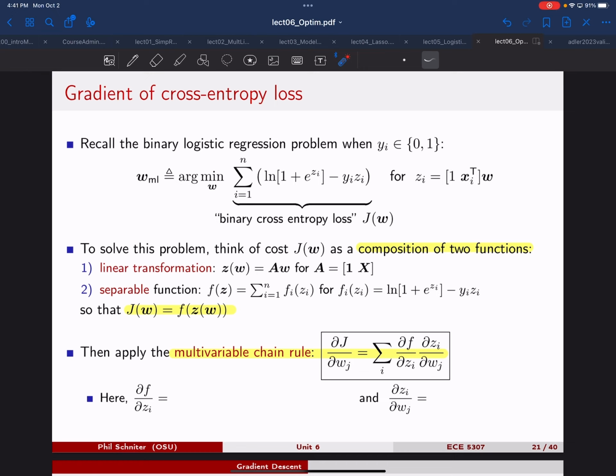Okay, so let's look at this. What is df dzi? This is the big F, which is the sum of many little f's. When I look at df dzi, because of the separability property, the only i I need to worry about is the same i of z.